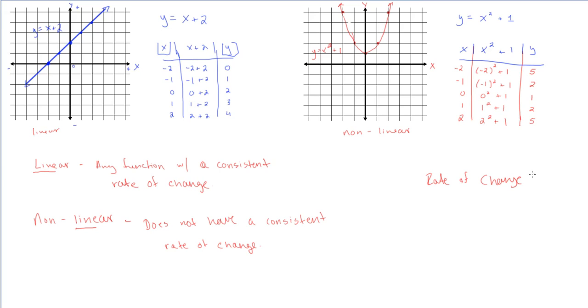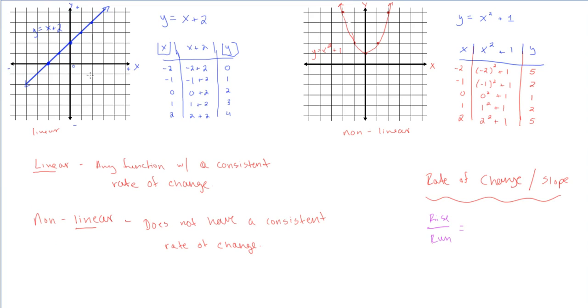So if you've seen this before, this can also be considered the slope of the line. Okay, but essentially it's something that we call the rise over run. Okay, so it's the rise over the run of the equation, okay, or the slope, right?